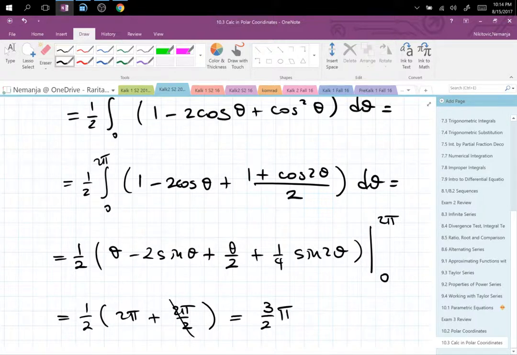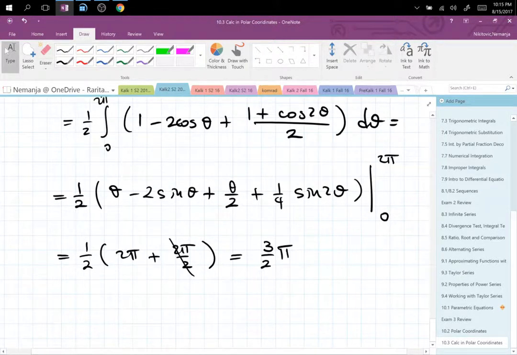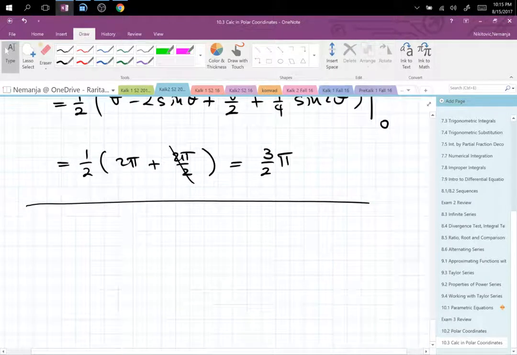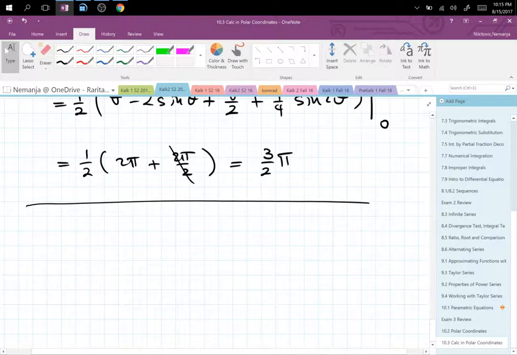Roughly 5, right? 3.14 times 3 is about 10, divided by 2 is about 5, which makes sense. What makes problems interesting is not figuring out the entire area, but figuring out either a portion of the area, like one petal of the flower, or one portion of this graph.